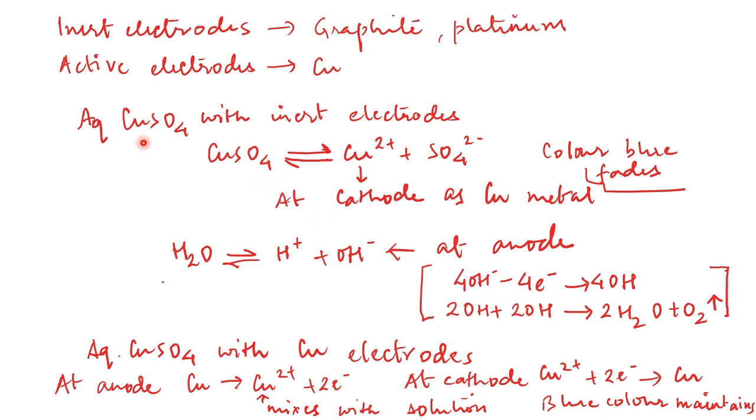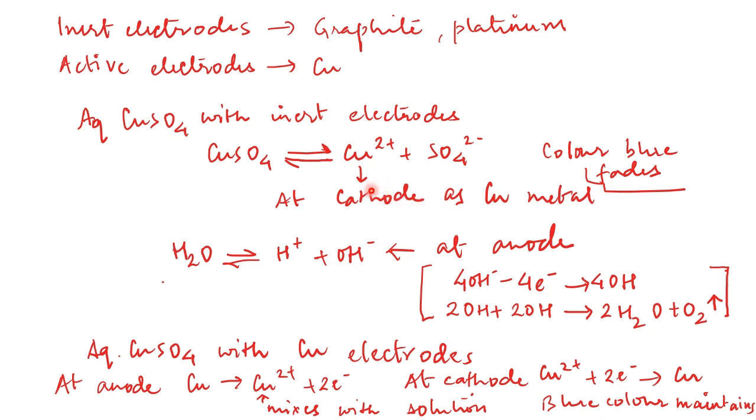When aqueous solution is taken, copper sulfate divides into copper ions and sulfate ions, and water divides into H plus and OH minus ions. Copper ions and H plus ions compete for the cathode. Sulfate ions and hydroxide ions compete for the anode.